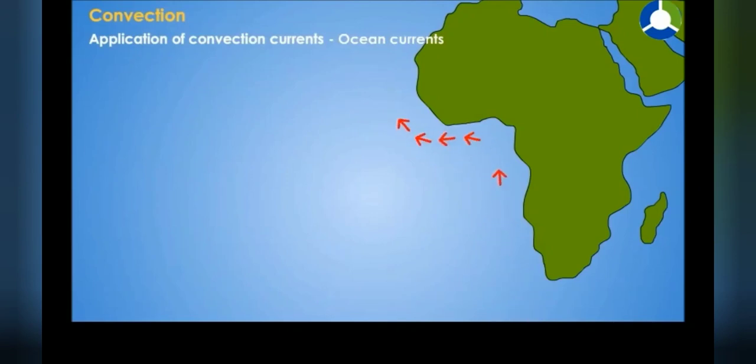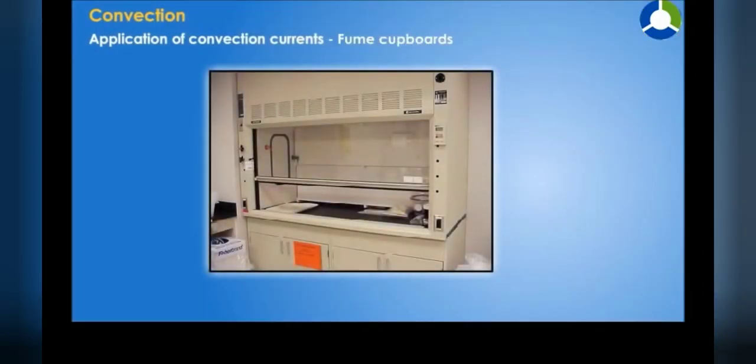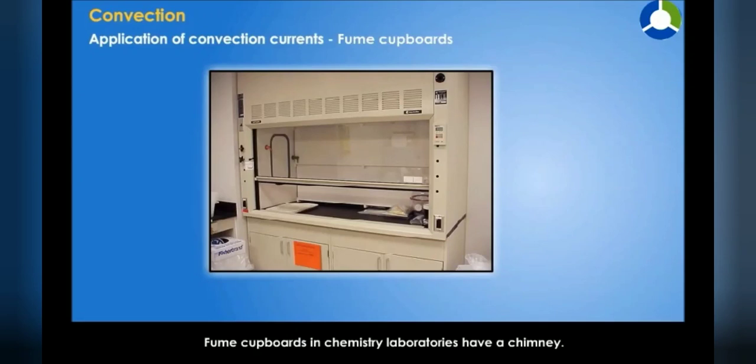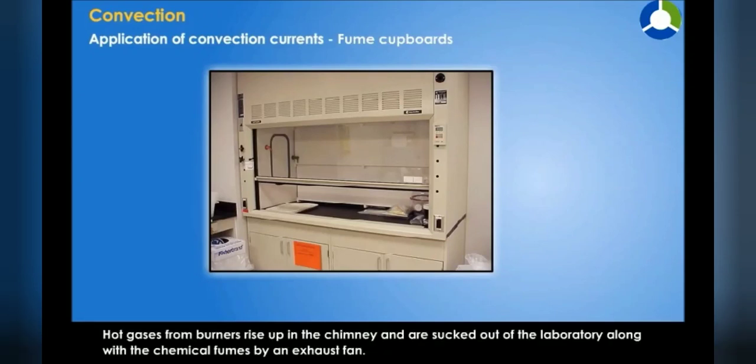These are convection currents in the sea. Fume cupboards. Fume cupboards in chemistry laboratories have a chimney. Hot gases from burners rise up in the chimney and are sucked out of the laboratory along with the chemical fumes by an exhaust fan.